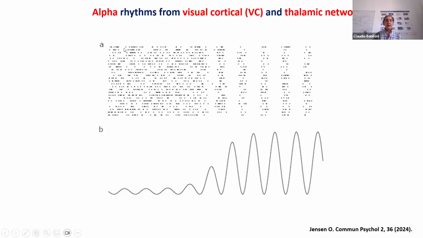In A, in the upper part of the figure, you see the so-called raster of single neuron activity in which each dot is an action potential. You see that each line is the recording from one single cortical pyramidal neuron.